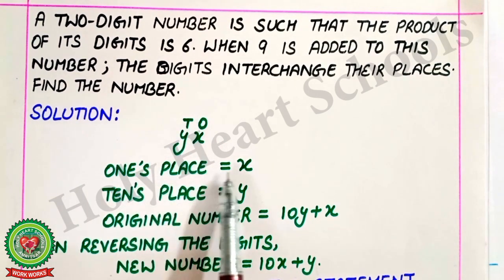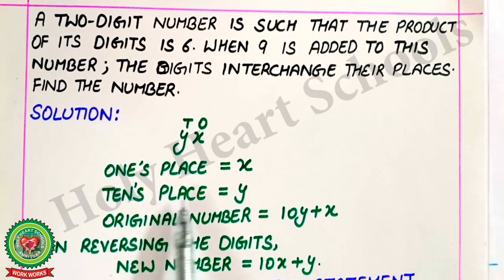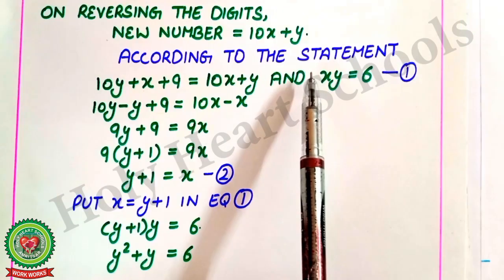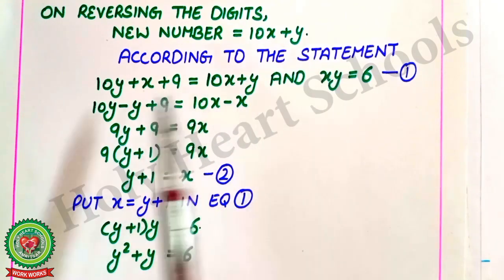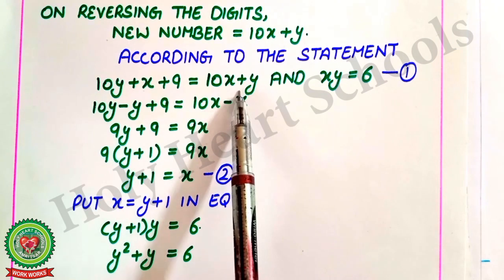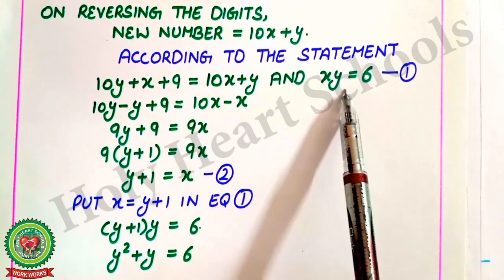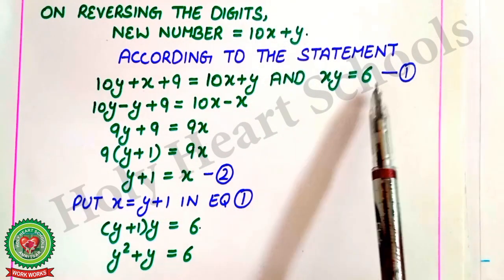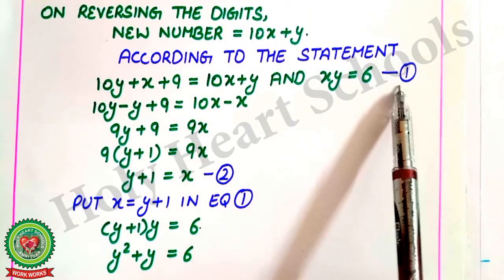So the original number is 10y plus x. Now on reversing the digits, the new number is 10x plus y. Now according to the statement, 10y plus x plus 9 equals 10x plus y, and xy is equal to 6. Let this be the first equation.